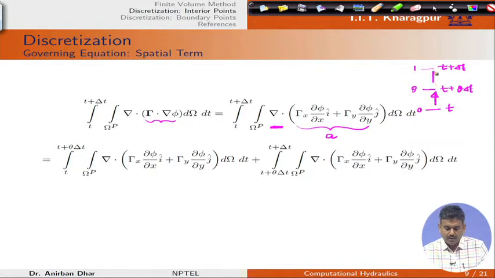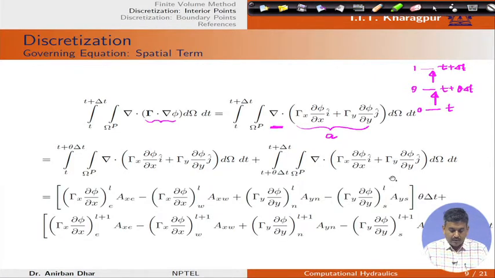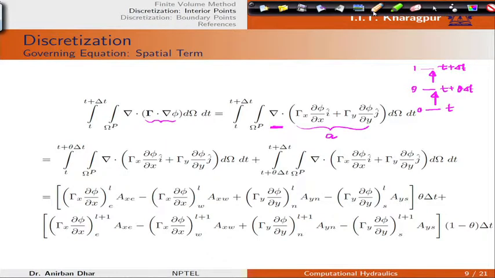So, in this case if we consider this one, we can use the Gauss divergence theorem, and from Gauss divergence theorem we can simply write it in terms of this step. Intermediate step will be there.